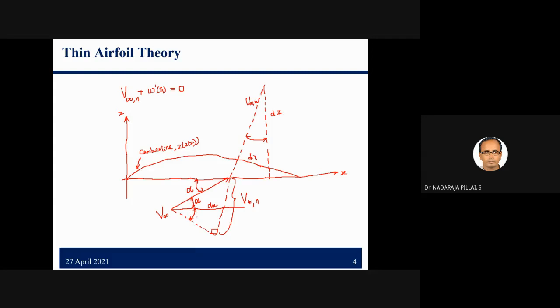Now this angle needs to be calculated, right? So let us say this is angle theta, then we can say that this is dz and this is dx. So one can write this angle is equal to tan inverse of dz by dx.